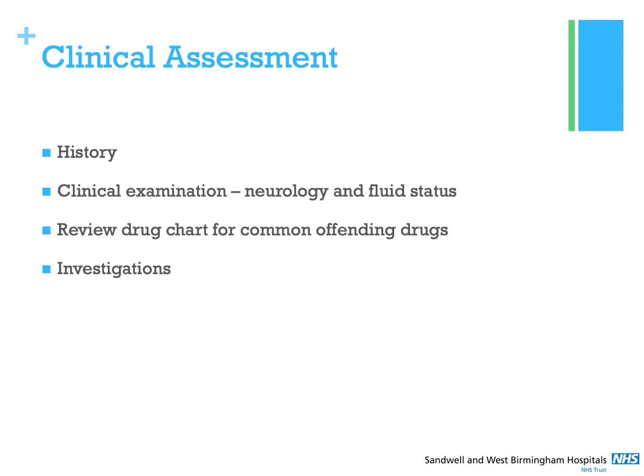After this, it's important to look through the drug chart, as there are often medications like diuretics which can cause a hyponatremia, so it's important to review these. And we should also have a look at some of the investigations which we use to determine the exact cause of the hyponatremia.